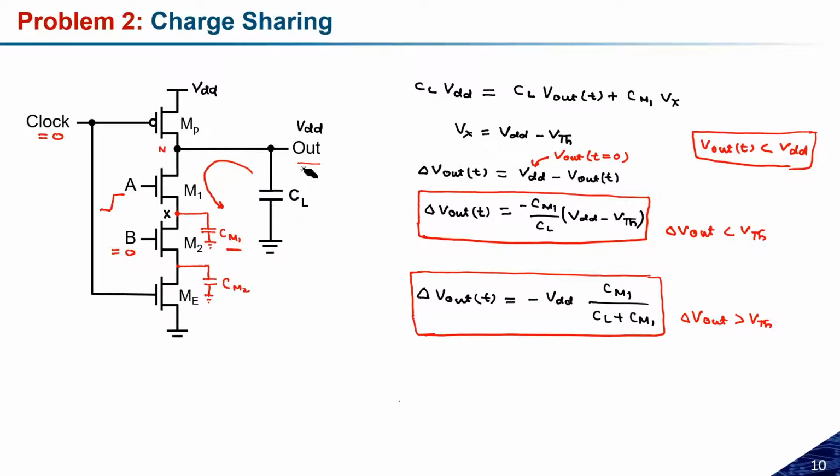We just need to take the maximum voltage we have and apply the voltage divider formula. Because the charge is redistributing to CM1, it is CM1 divided by the total capacitance, CL plus CM1. So this is how it comes. This completely depends on the internal capacitance we have. Both the states we explained here depend on what the change in the output voltage is.